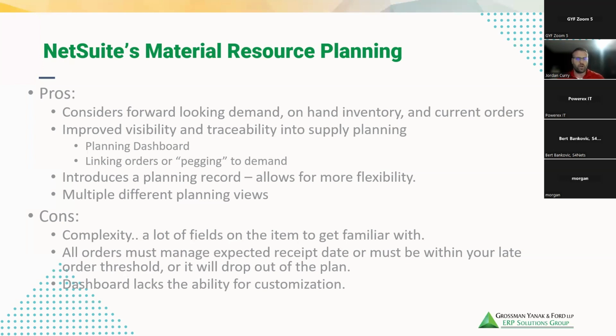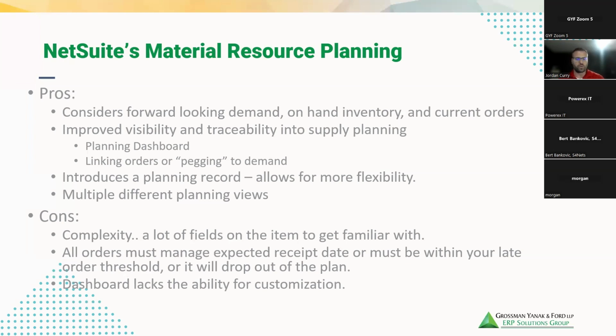Okay, you can default that. But once it drops past that 30 days, if it's still an open, let's say, purchase order, it's going to drop out of MRP. So that's why it's very critical with MRP to manage your purchase orders, manage your sales orders, which again, I say this is a little bit of a pro, because you should do that anyways.